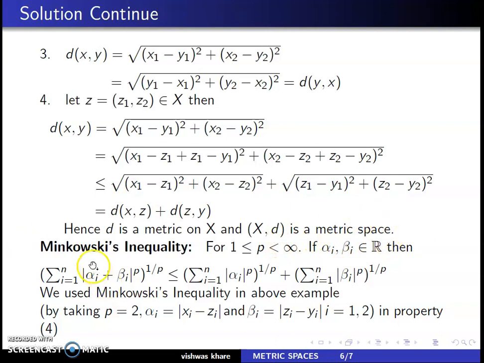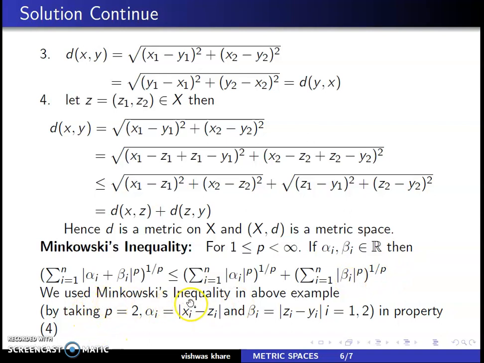Now let us talk about the Minkowski inequality for 1 less than or equal to p less than infinity. If alpha i, beta i belong to R, then the summation i equal to 1 to n of modulus of alpha i plus beta i to the power p, whole to the power 1 by p, is less than or equal to the summation i equal to 1 to n of modulus of alpha i to the power p, whole to the power 1 by p, plus the summation i equal to 1 to n of modulus of beta i to the power p, whole to the power 1 by p.